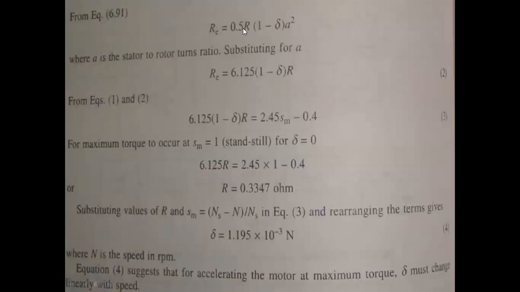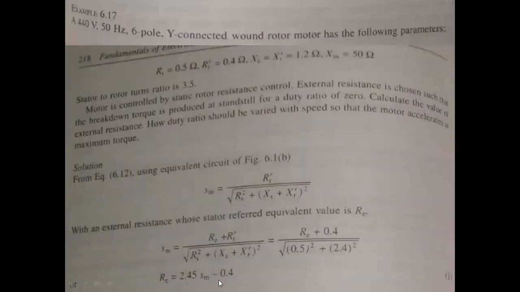So 3.5 whole square into 0.5, you will get 6.125 into 1 minus delta into R. So this is the second equation, and before, you got RE in terms of SM.